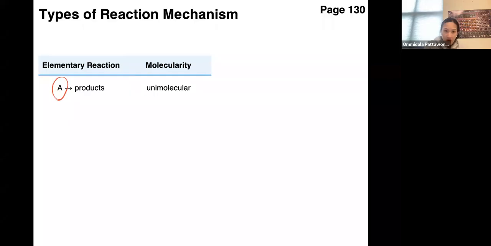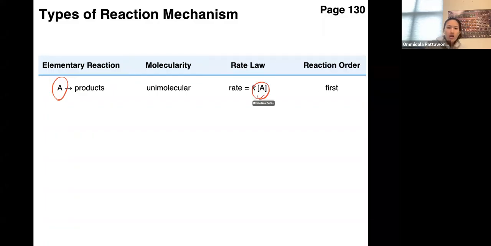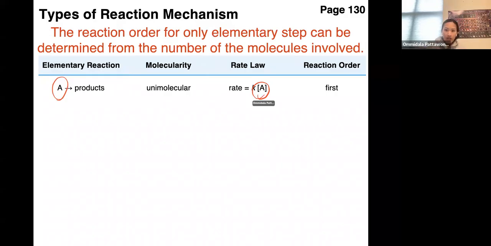The differential rate law for this can be written as rate equals k times [A], which is first order with respect to A. Note that because an elementary step cannot be broken down any further, it's a simple step. Therefore, we can determine the rate law by using the number of molecules in the elementary step. Note that this only works for elementary steps. It doesn't work when you're looking at the overall reaction.